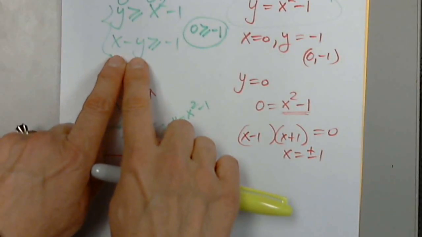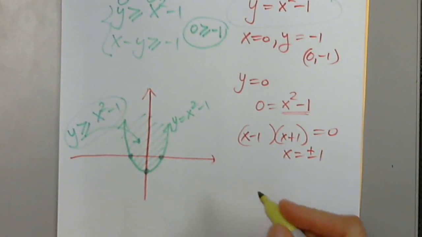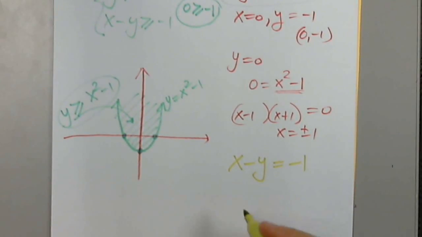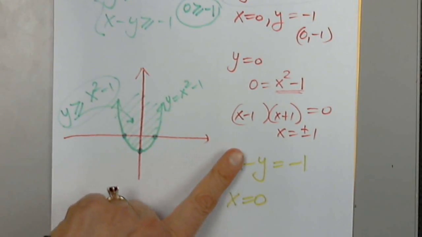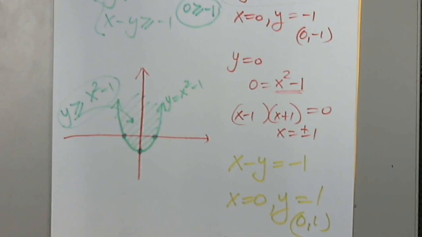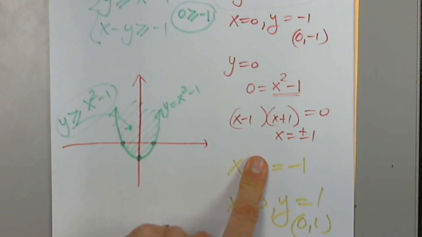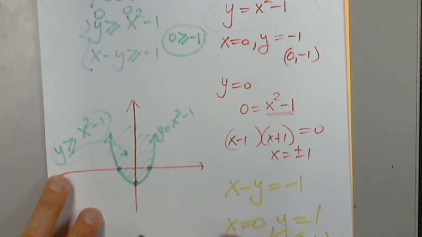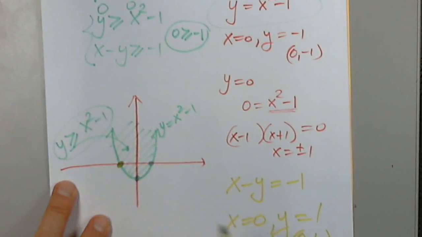I have to repeat all the steps for this, which is x minus y equals -1. When x is 0, how much is y? Perfect. 0, 1. When y is 0, x equals -1. So -1, 0. So here it is.